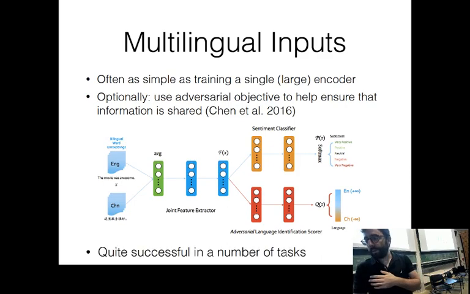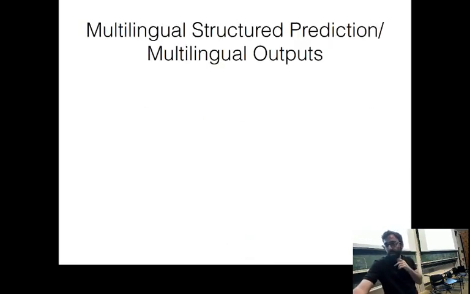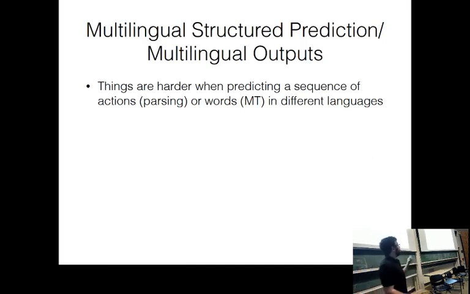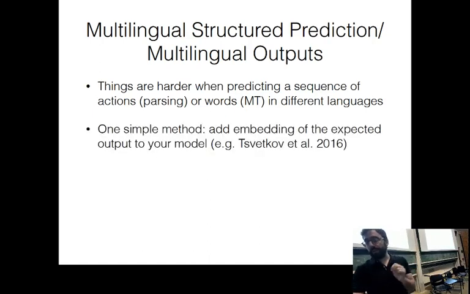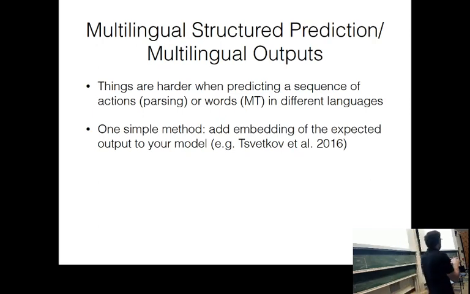Yeah, and that thing is very successful in many tasks. In the case of multilingual structured prediction, or when you want multilingual outputs, let's say training a machine translation model to translate from any language to any language, right? This has been done. Things are harder, but usually there are a bunch of simple methods that can deal with this.